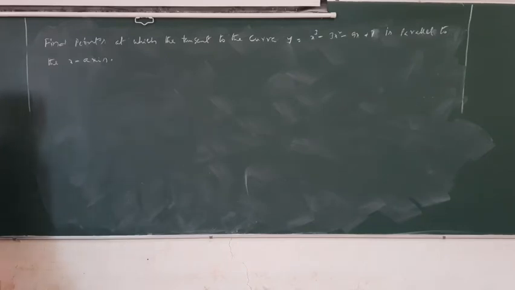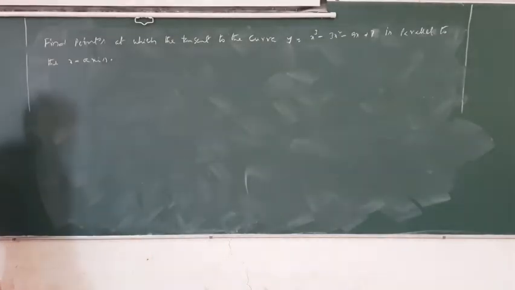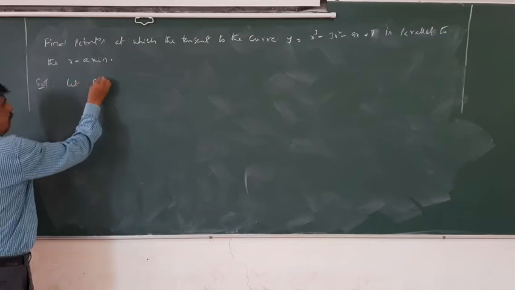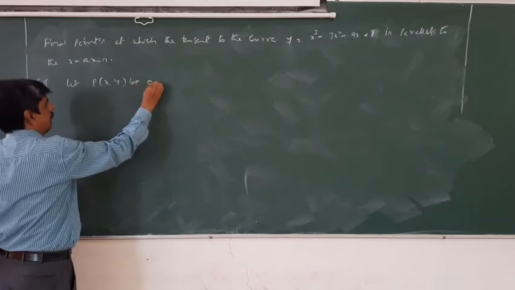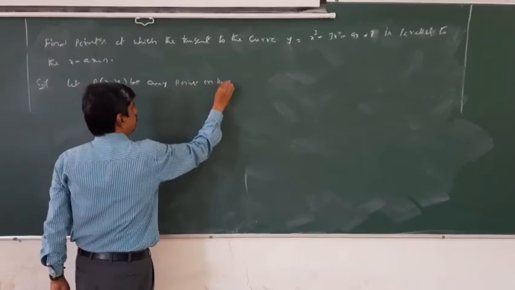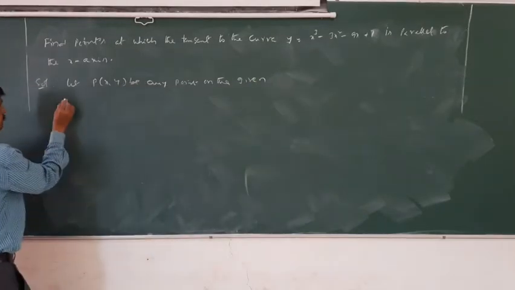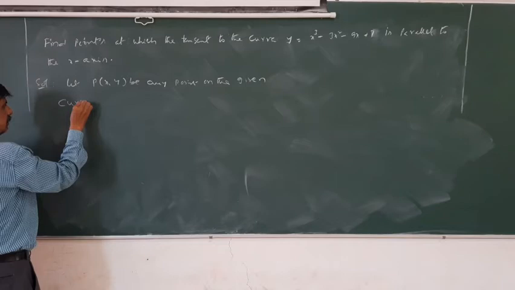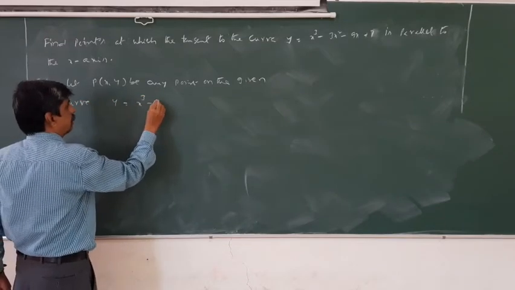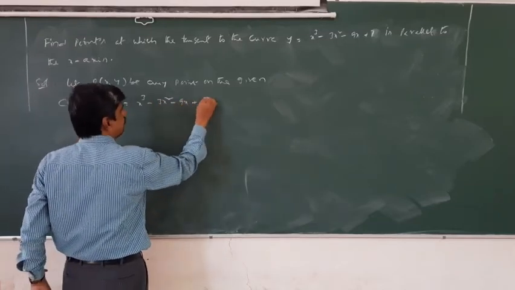So we want to find the points at which tangents are parallel to the x-axis. The solution of the problem: let P(x, y) be any point on the given curve. The curve is y equals x cube minus 3x square minus 9x plus 7.